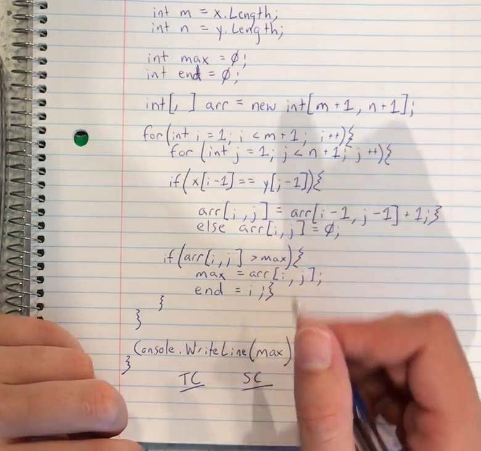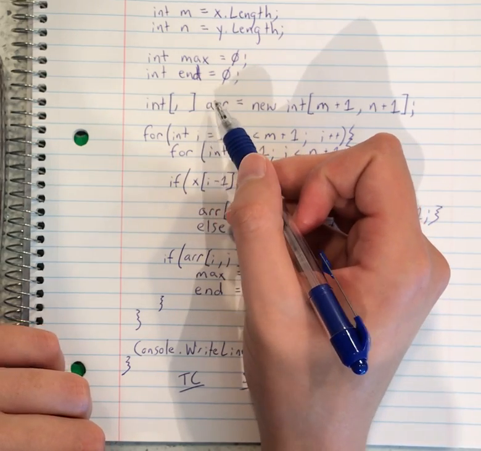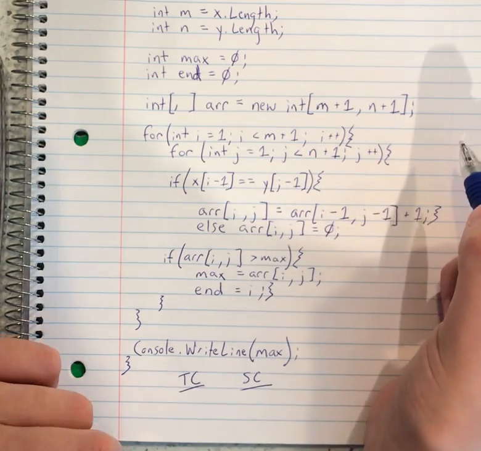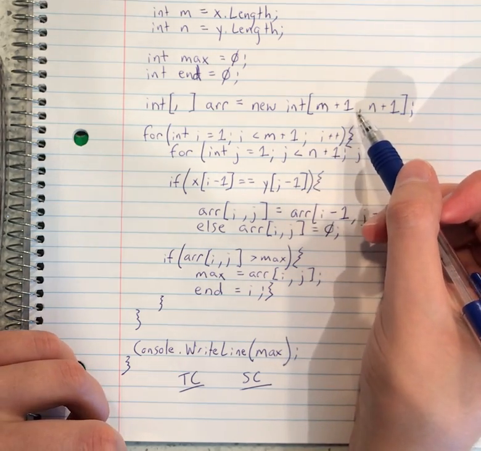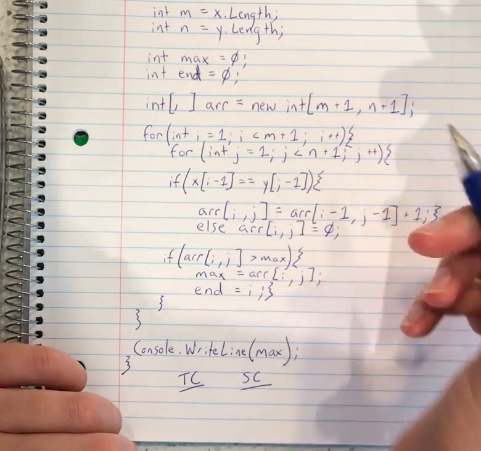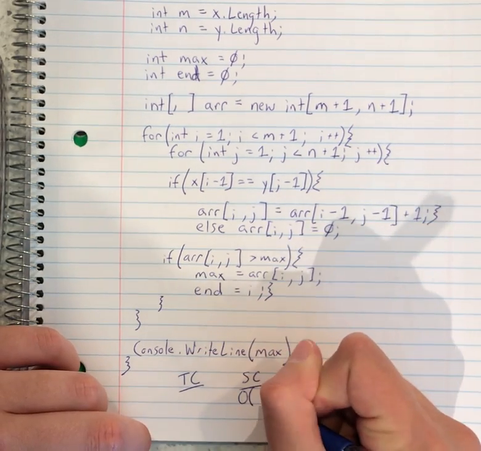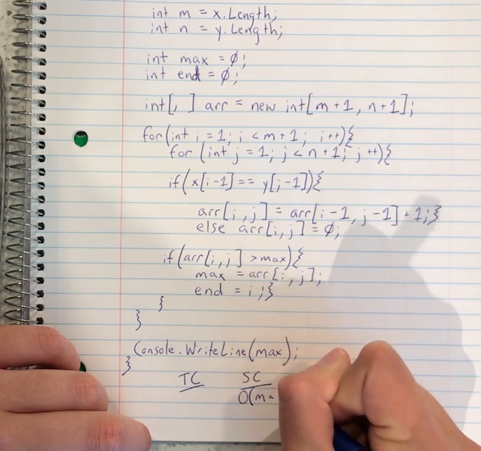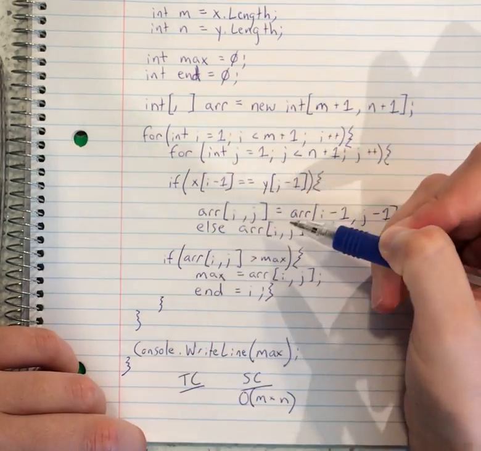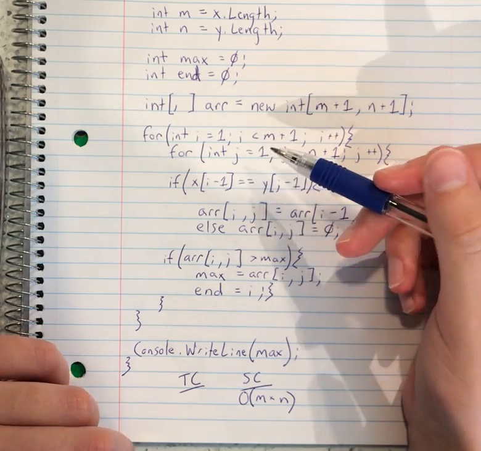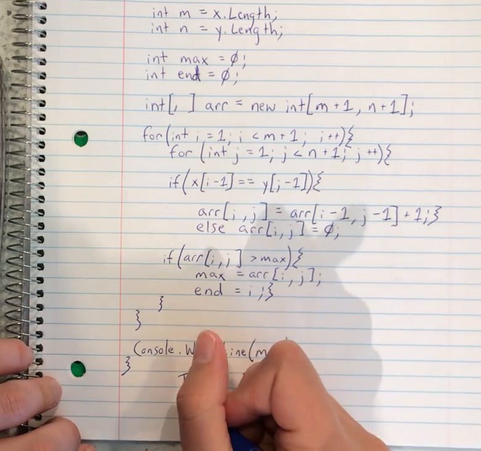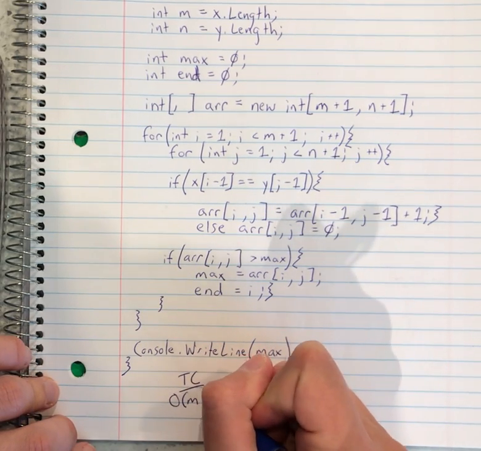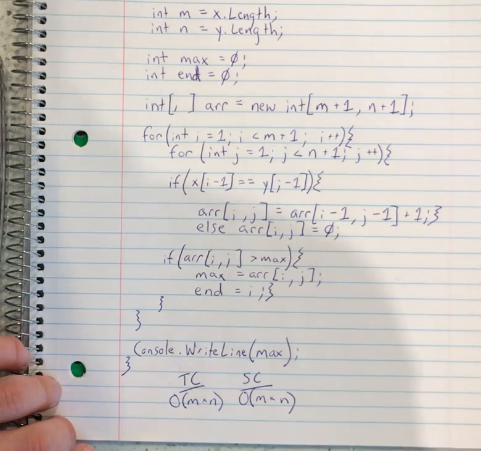So the space complexity, we're using an array of m+1 by n+1 integers, which m+1 is dominated by m and n+1 is dominated by n. So our space complexity is big O of m times n. Likewise, in this series of nested for loops here, we're iterating over m by n elements. So our time complexity is big O of m times n.